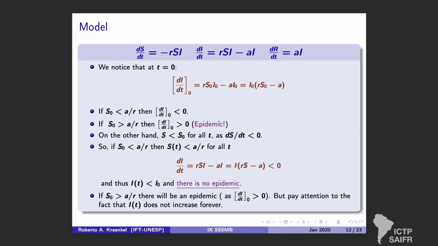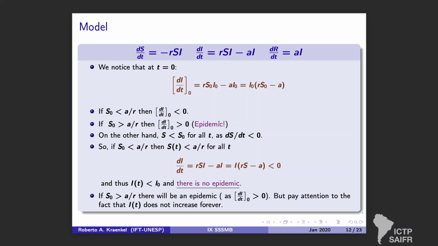Okay, let's skip this, it's some mathematical thing, but let's stay with the result that if S0 is bigger than A over R, there will be an epidemic. And again, pay attention. Initial increase of the number of infected is the definition of our epidemic.